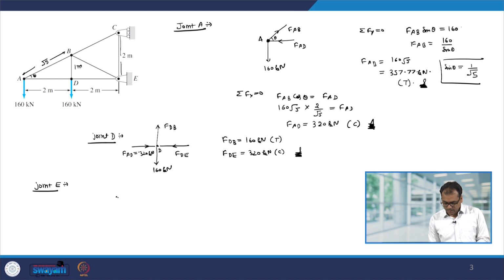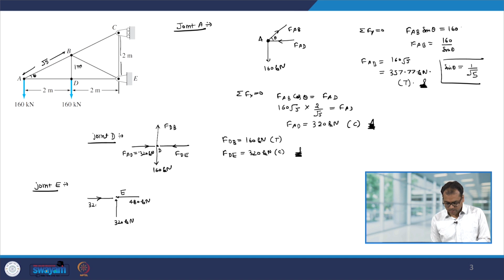At joint E, we have the Ex and Ey forces, which we have already calculated. So, this is 480 kilonewton and then we have 320 kilonewton. Now, there will be a force from D to E which we have calculated.